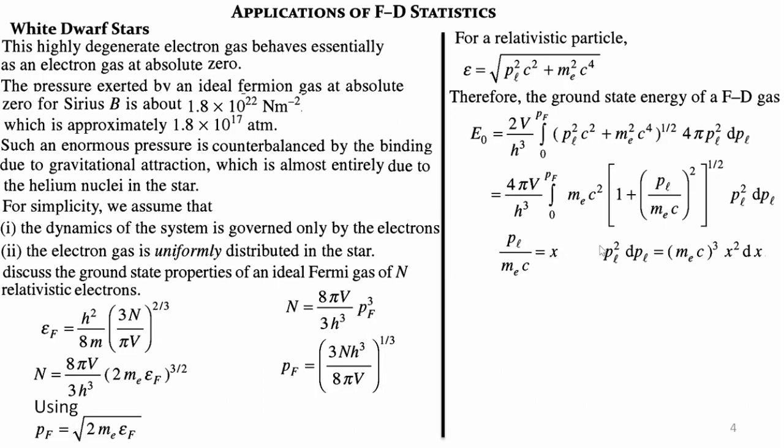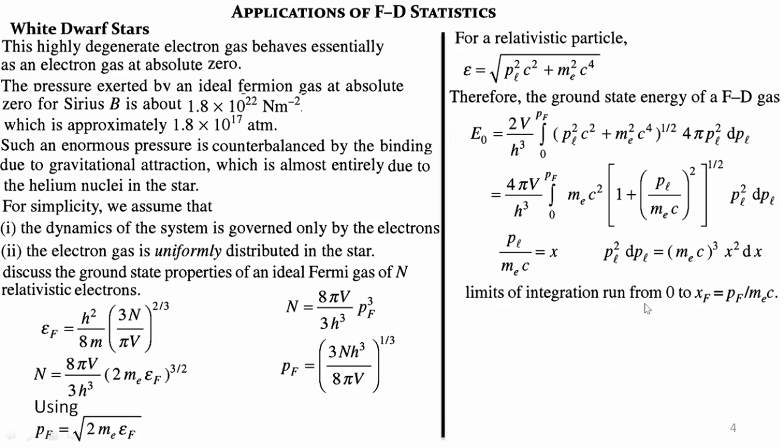And then P square will be nothing but M square C square X square, right? And then another MC comes because of dP. That's why we have cube here. So this will become something like this. This is again a simple thing, you can try it.